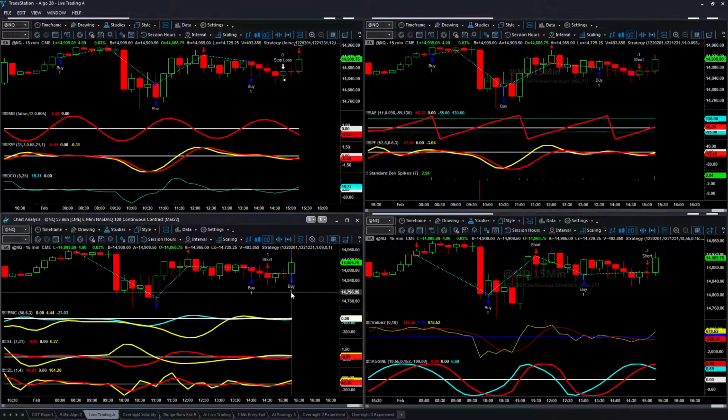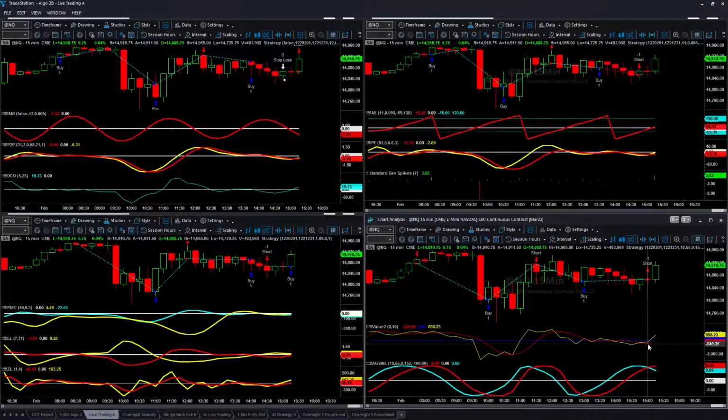This got you in on the correct signal right there. And this signal does not look correct, which is why I have this indicator right here. Boom. Just to confirm the directional signal of the strategy right there. Very nice. Very nice. Okay.